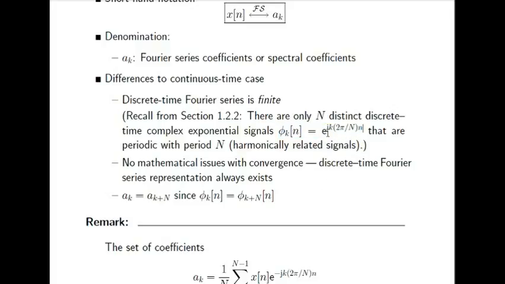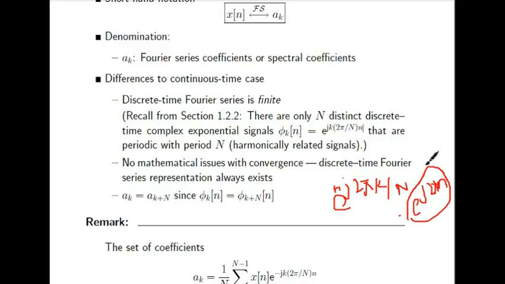If I replace k with k plus capital N, then it will become e to the power j 2 pi k by N into e to the power j 2 pi n.